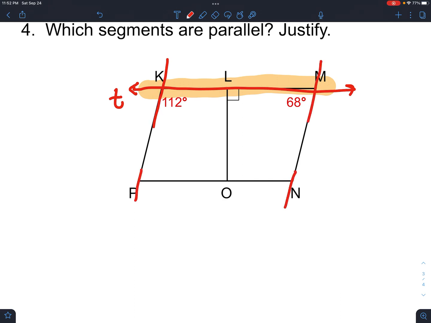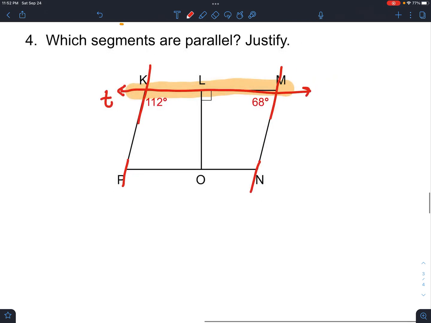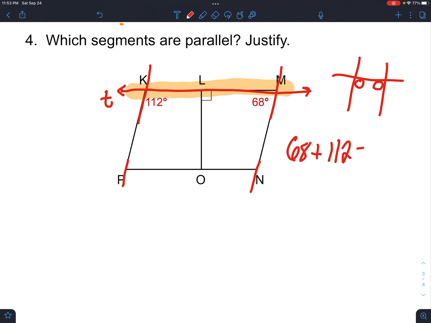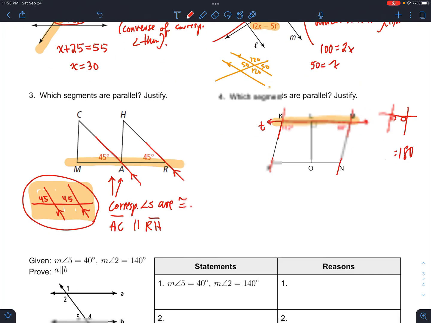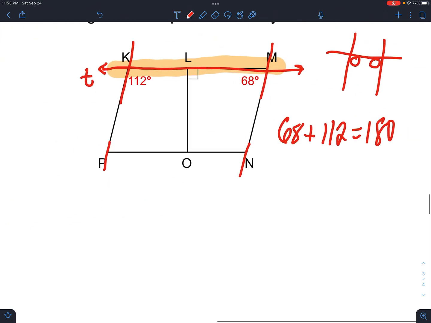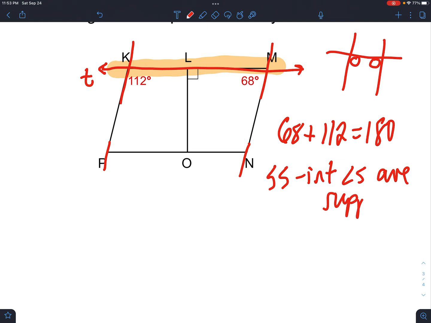But if we make some extensions here, I start to see that H shape, and we have both of our angles here and here, and they add to 180. So you'd want to write that somewhere and mention that same side interior angles are supplementary, which implies you have parallel lines.